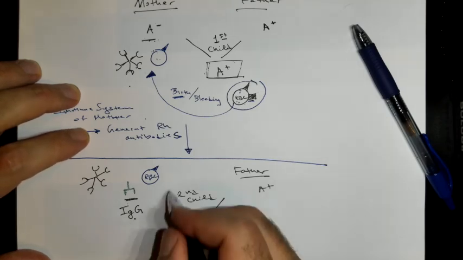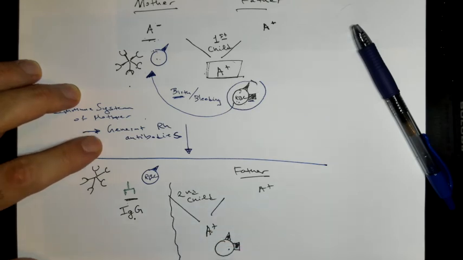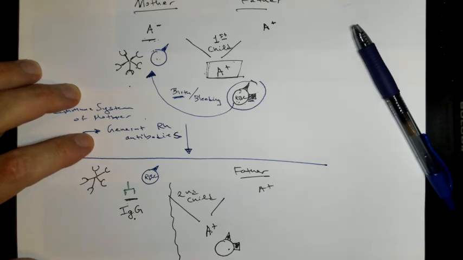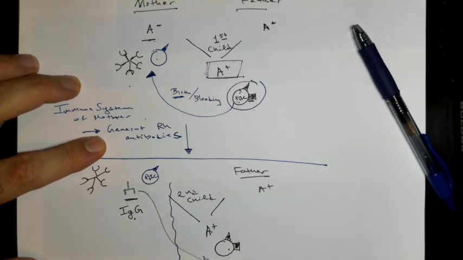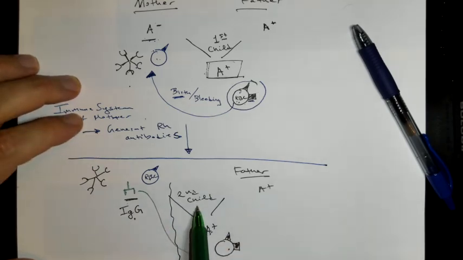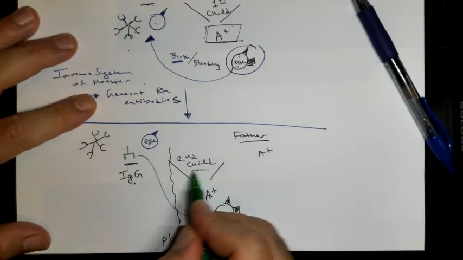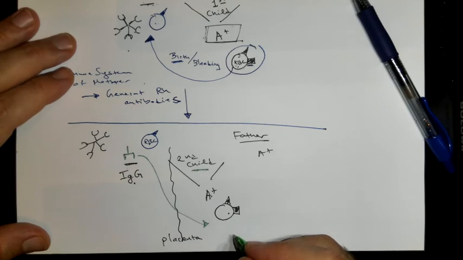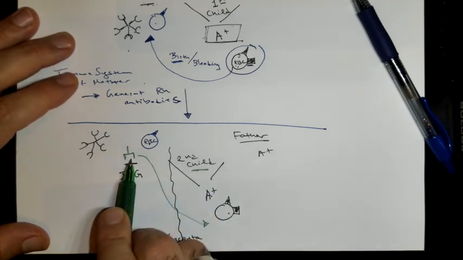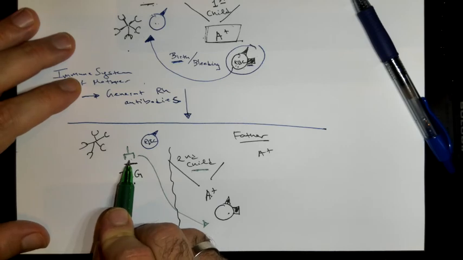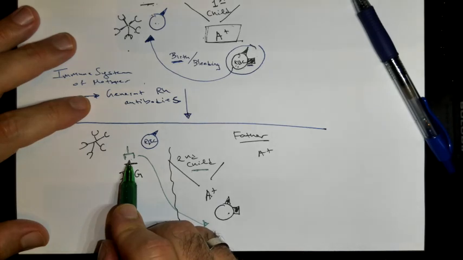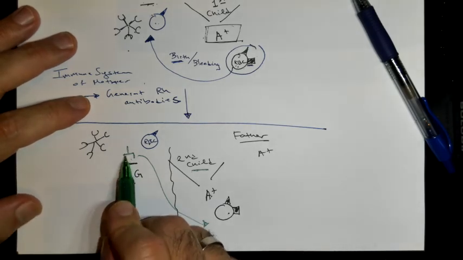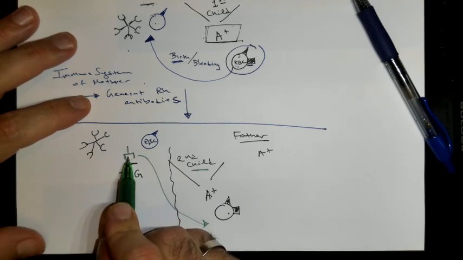And so, right, if this right here is the placenta, we can now imagine a situation where the IgG does in fact cross over and enters the child's bloodstream. And now you can see how this would be a problem, because this is an attacker. It is an antibody, right? These are the proteins that attack bacteria that you manufacture against viruses. So these are attacking proteins made by immune systems.